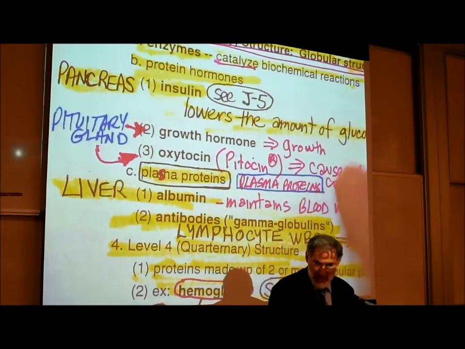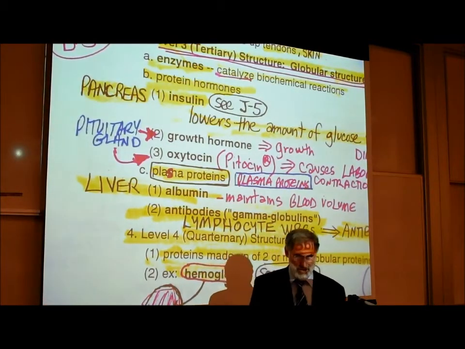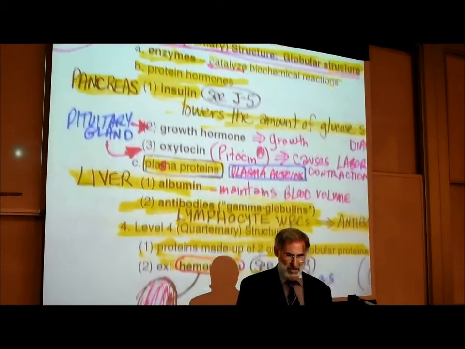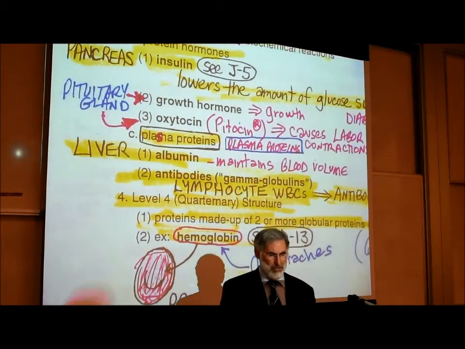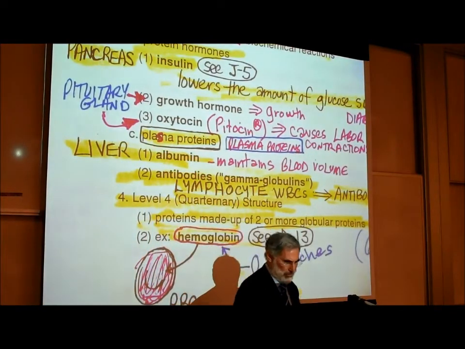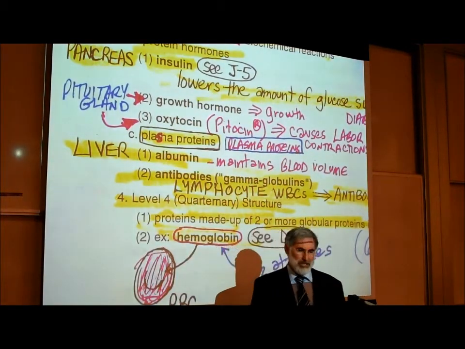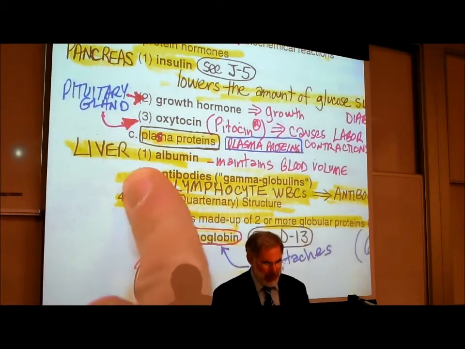What are plasma proteins? Plasma proteins are proteins in our bloodstream. And I want to mention a couple of proteins that are in our bloodstream that have a globular or tertiary structure. The first is a protein called albumin. Albumin is a protein produced by your liver.